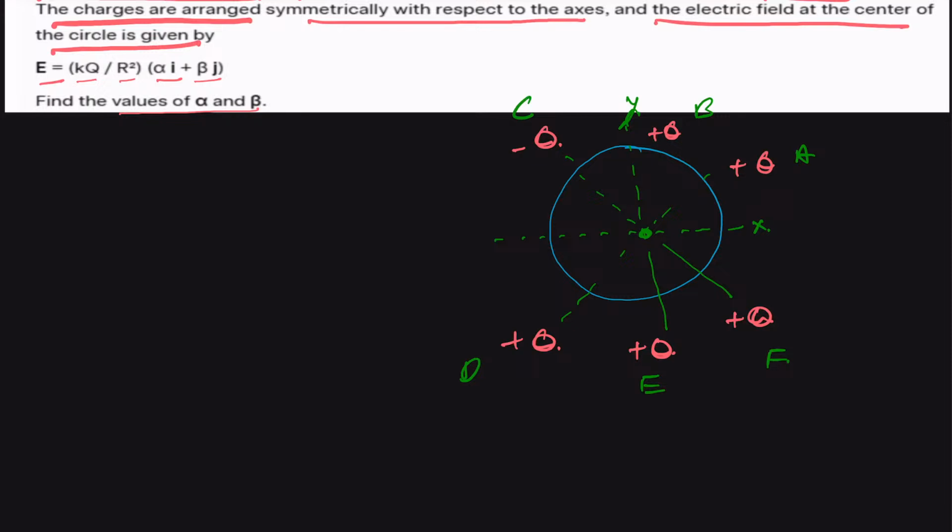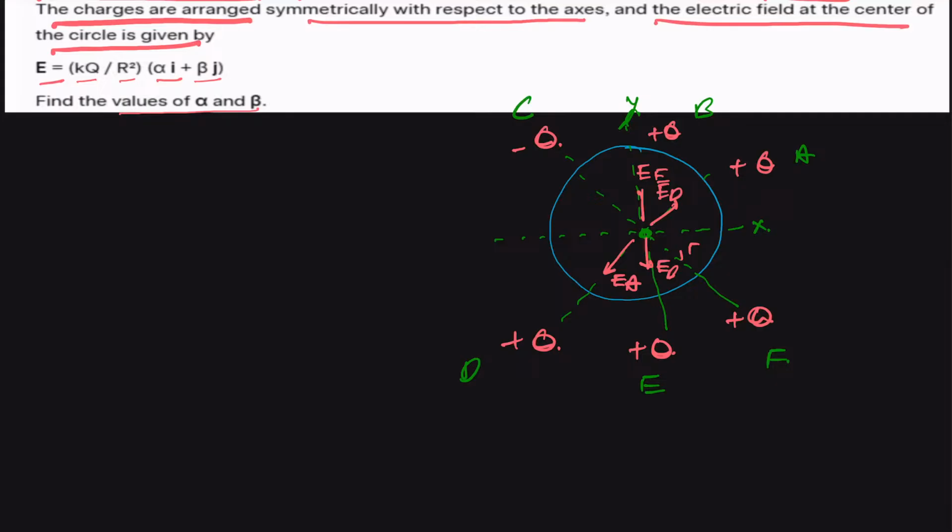The electric field because of A will be in this direction, that is EA, because of B in this direction, EB, because of C in this direction, EC, and because of D it will be in the opposite direction, that is ED, and E giving us EE. And F, oh sorry, one second, here it is reversed because it is a negative sign, my mistake.